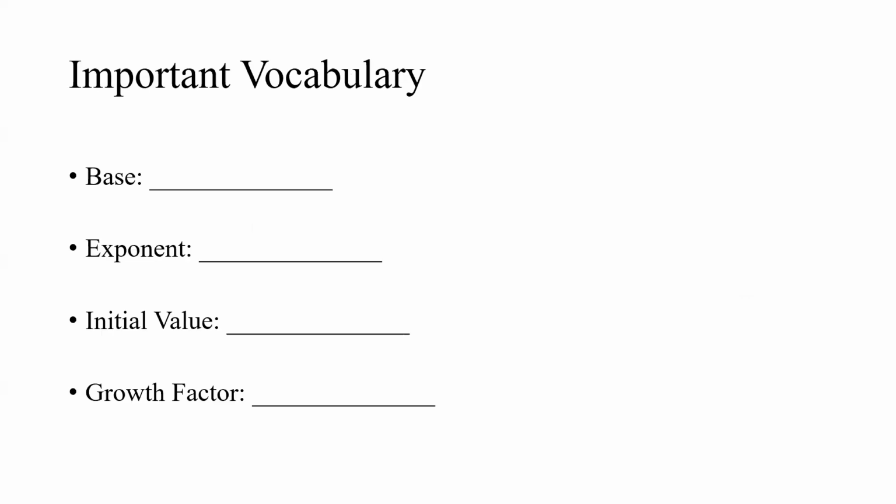Okay. So important vocabulary coming together. Our base is always going to be greater than 0. Always greater than 0. Our exponent is always our independent variable, and it's typically going to represent our time.